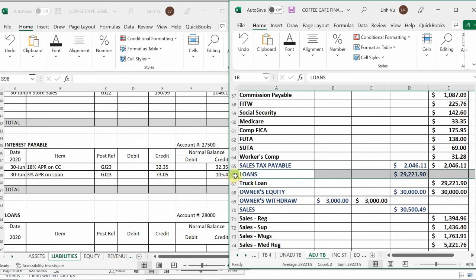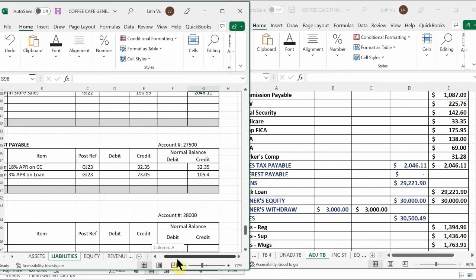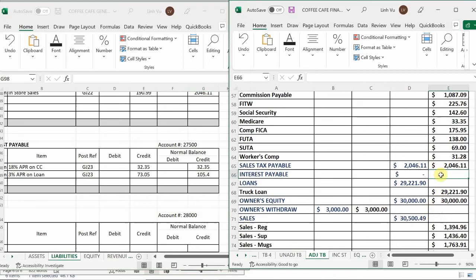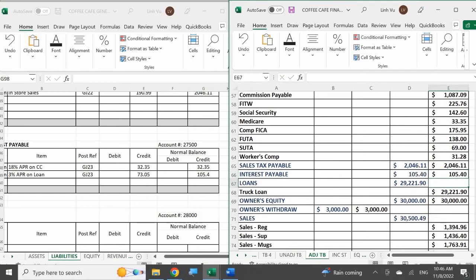Right between loans and sales tax payable is going to be interest payable. How much interest do we owe for the month? 105.40. Okay, so interest payable is currently at 105.40.